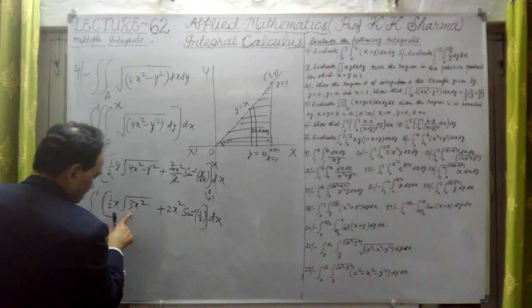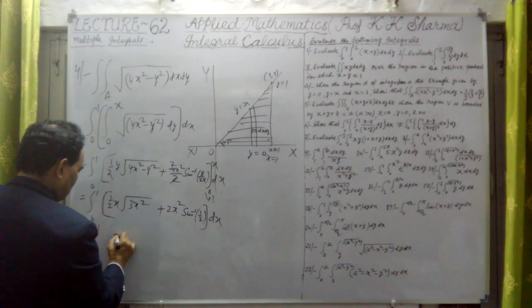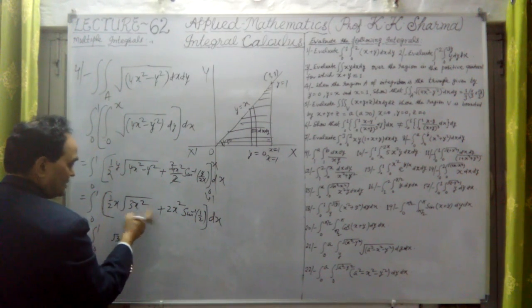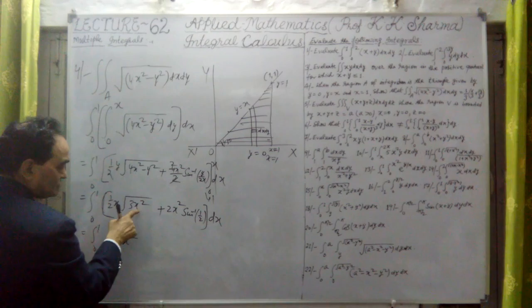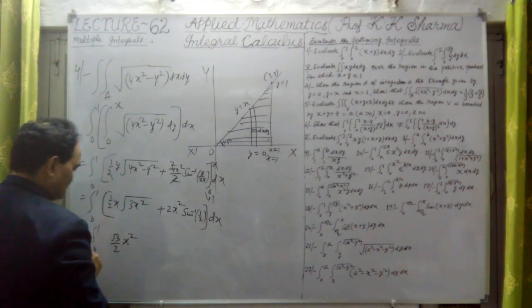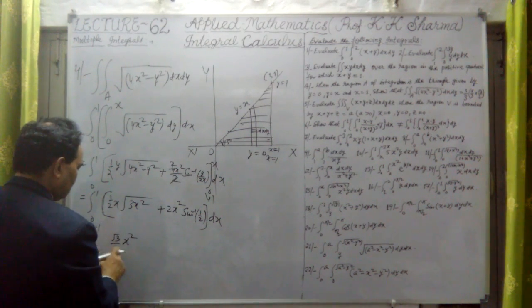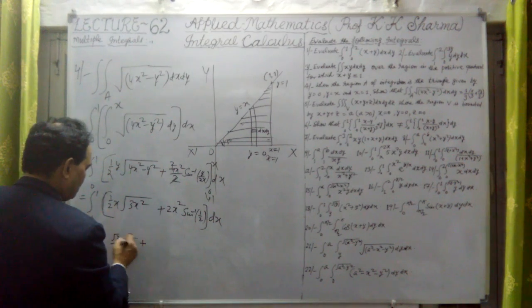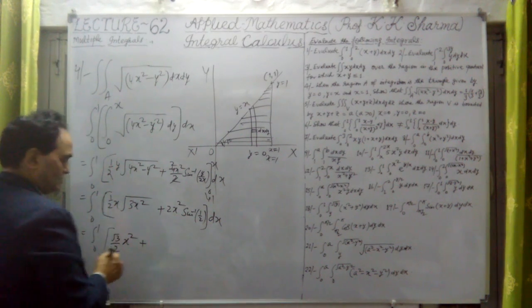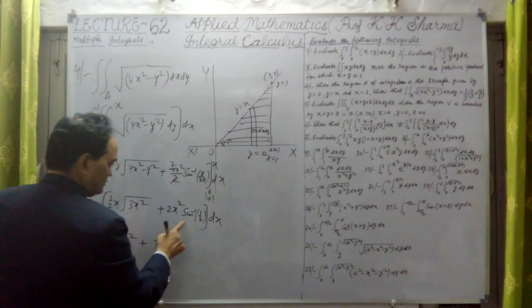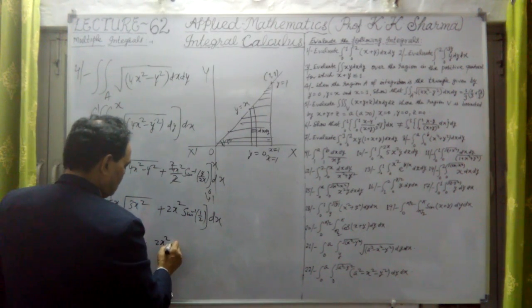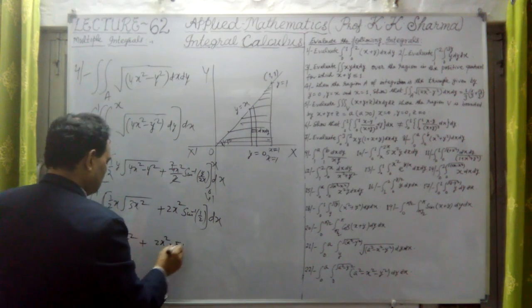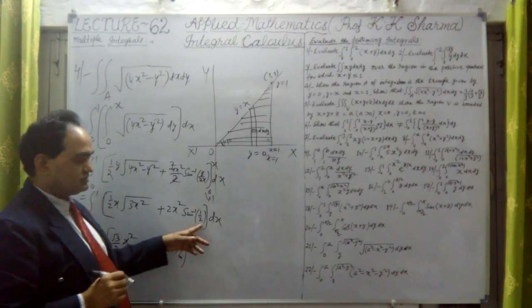Now what about this one? This is square root 3, and x out, and x into x is x². Square root 3 upon 2 into x², because x into x is x from square root. So this will be root 3 upon 2 x², plus middle term is 2 into x² into sine inverse 1/2, which is pi by 6, because it is for 30 degrees.